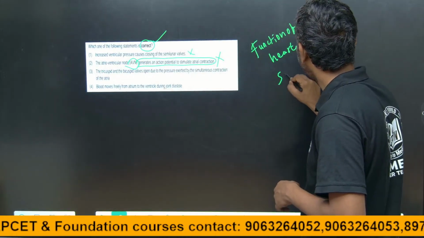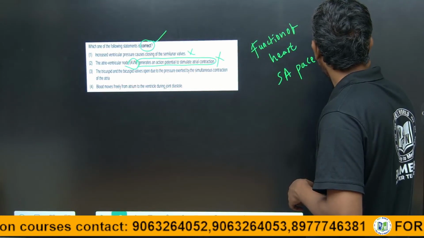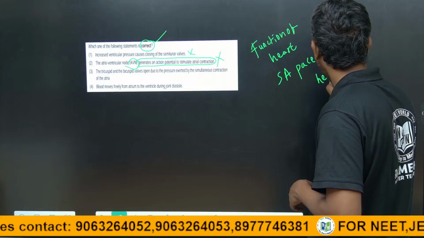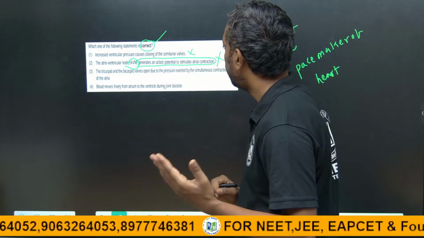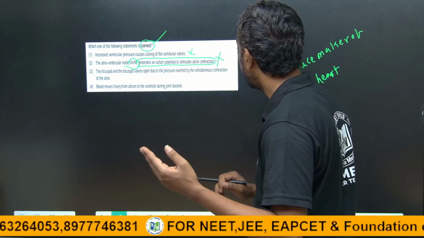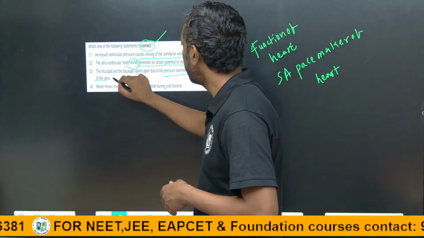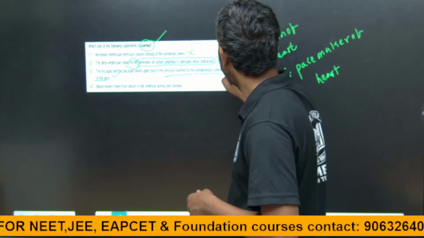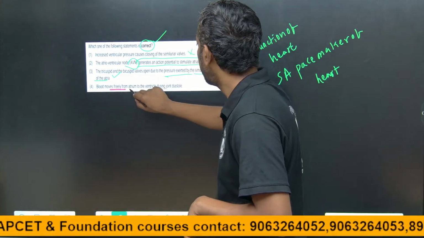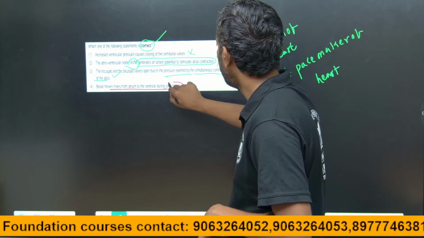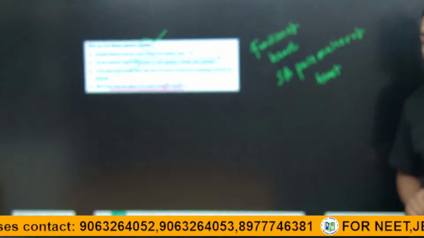It is the SA node, the pacemaker of the heart. Tricuspid and bicuspid valves open due to the pressure of simultaneous atria? No, this is also wrong. There is no pressure created in the atria. The blood moves freely from the atrium to the ventricle in joint systole. This is the right answer.